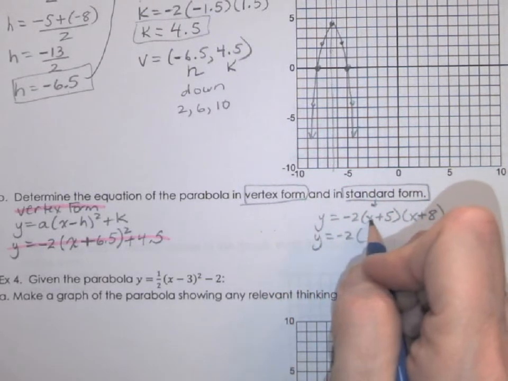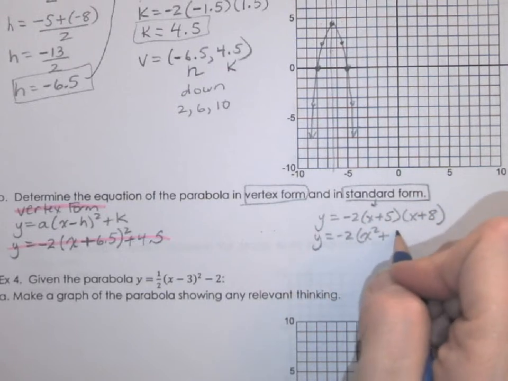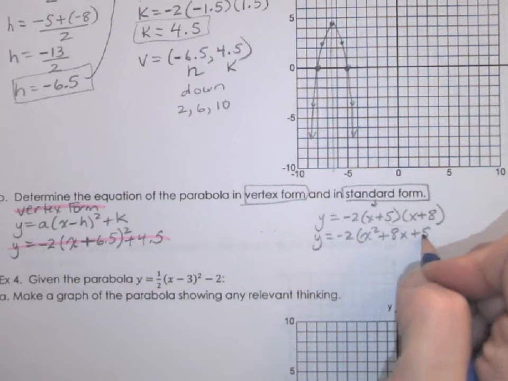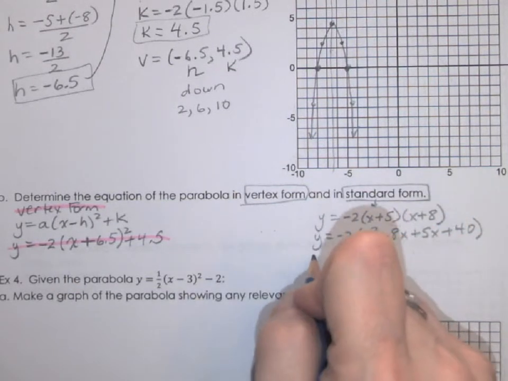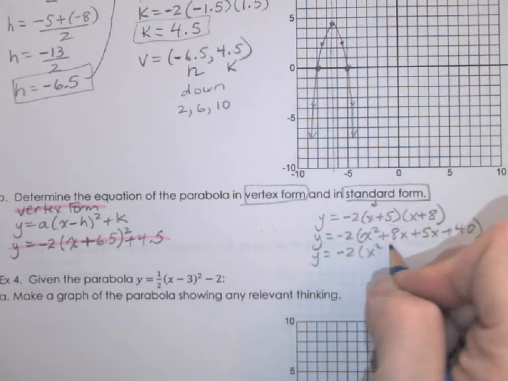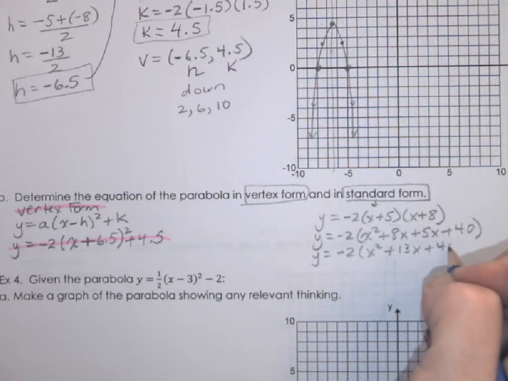So if I use FOIL here, x times x is x squared, x times positive 8 is positive 8x, 5 times x is positive 5x, and 5 times 8 is positive 40. And that's going to give me plus 13x plus 40.